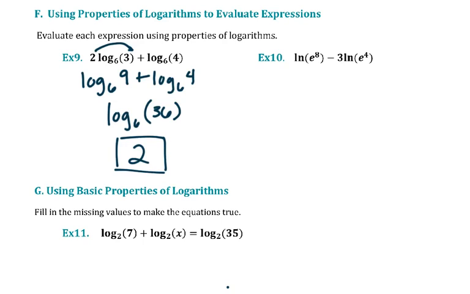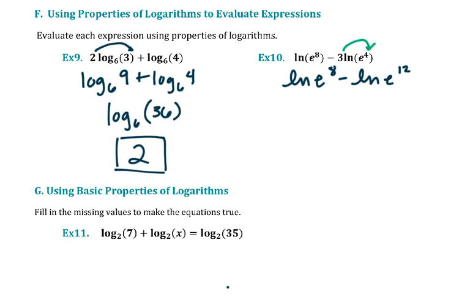Similarly, for example, 10 natural log of e to the 8th minus 3 natural log of e to the 4th. So I can use my power rule for that 3. That gives me the natural log of e to the 8th minus the natural log of e to the 4th cubed. Power to a power we multiply, so this is going to become e to the 12th.